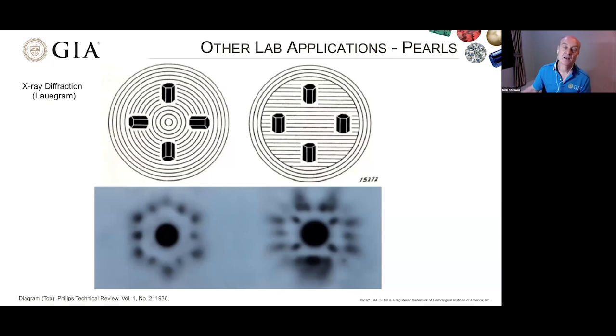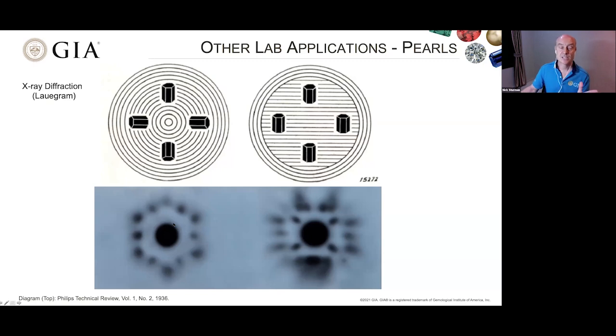It would fire the X-rays through the pearl, so they would enter the pearl, and the structure of the pearl would diffract the X-rays as they pass through the pearl. So if you have a natural pearl, because they're concentric and they consist of pseudo-hexagonal aragonite crystals, the X-rays would pass down the C-axis of the crystals and pass through the nucleus and pass out the other side again through the C-axis, and you would get this six-fold pseudo-hexagonal related pattern.